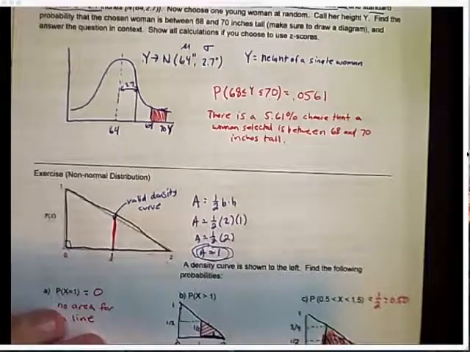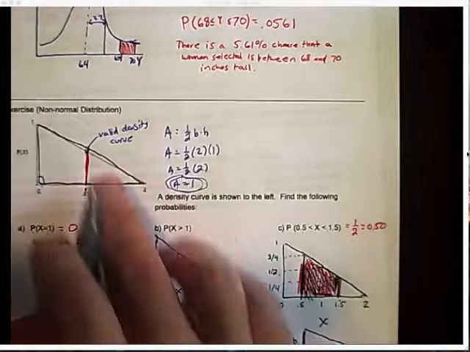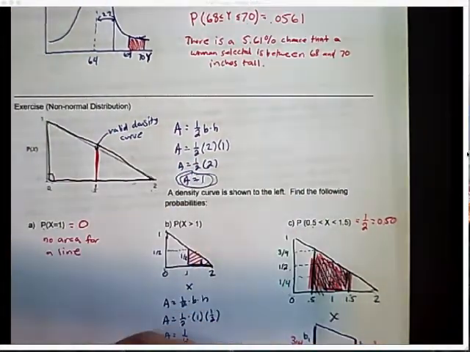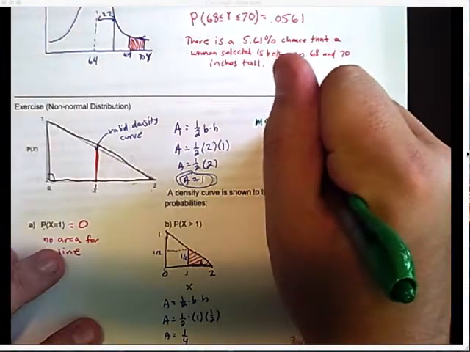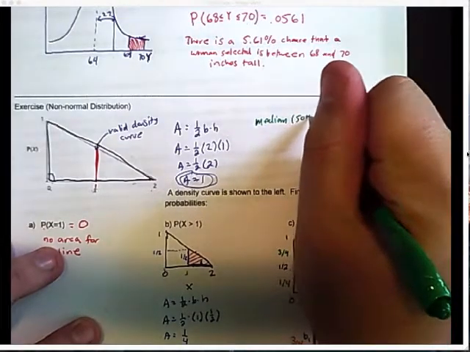Now, I don't think they're going to do this on the test, but what if you were asked to find the mean here? Or more likely, how would you find the median? The median is the 50th percentile.